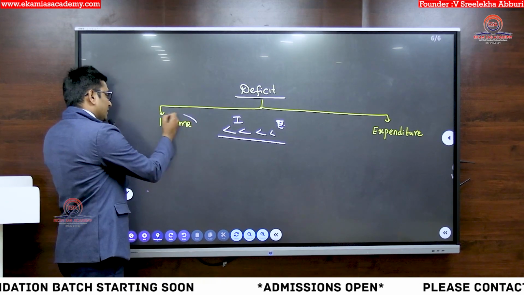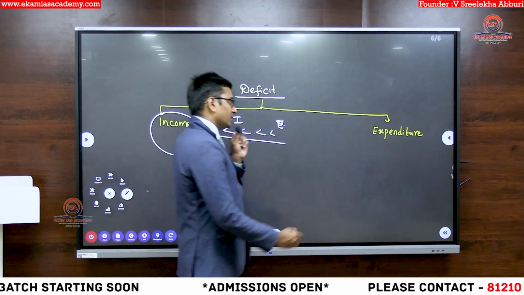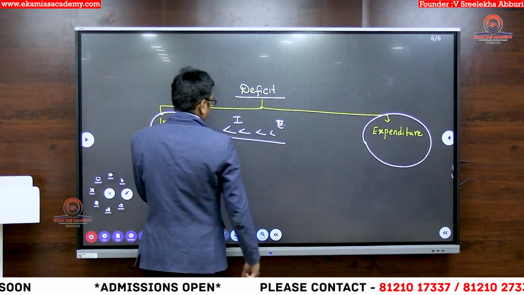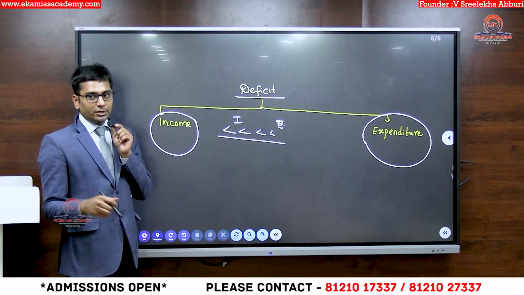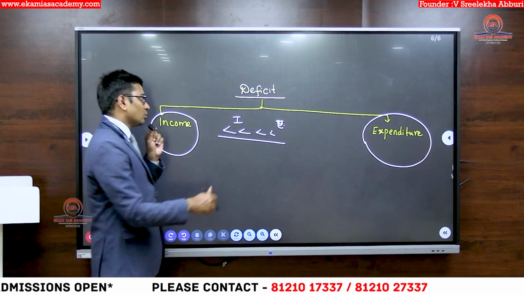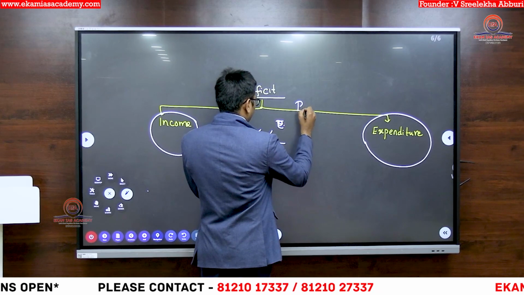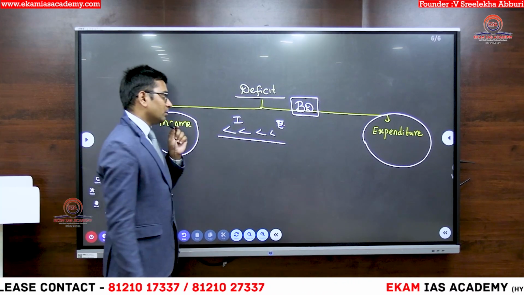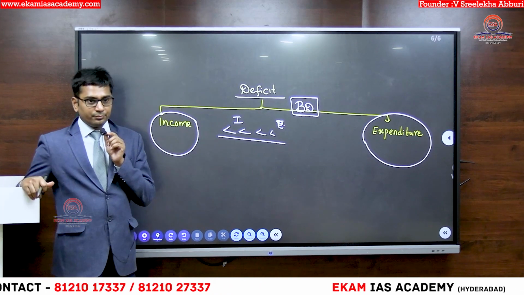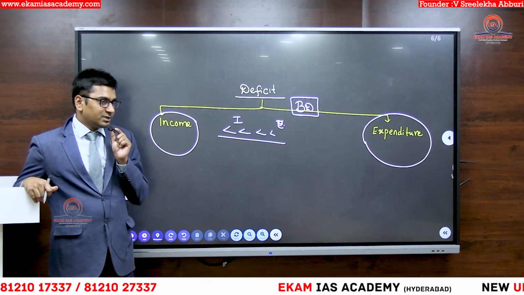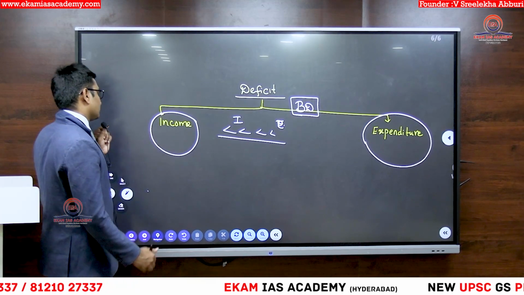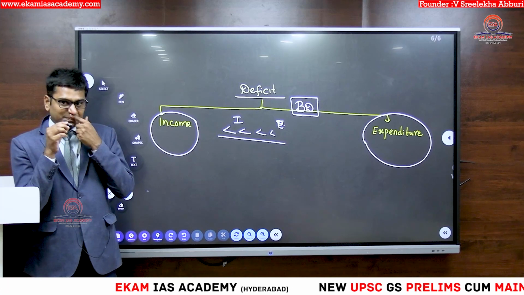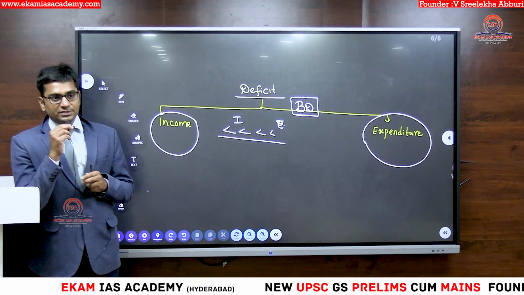So this is the total budget. In the total budget, if your total expenditure is greater than total income, you call it total budget deficit. Total income is less than total expenditure. So first side heading, budget deficit.